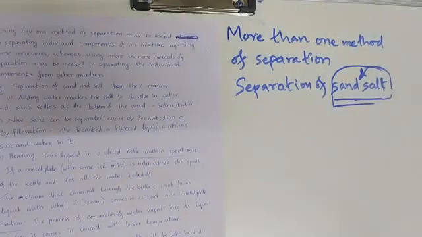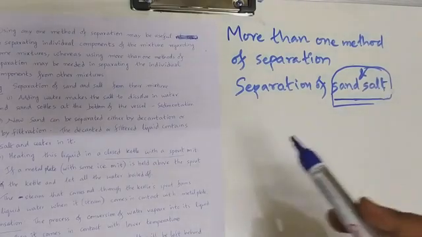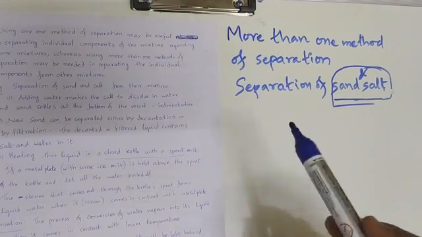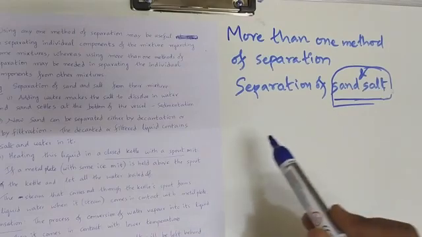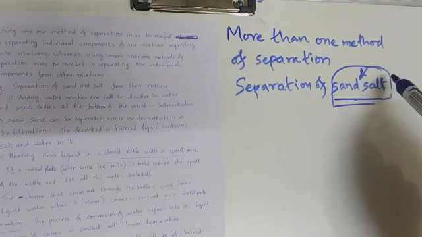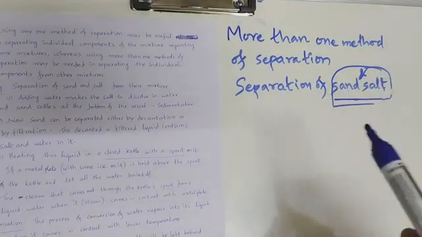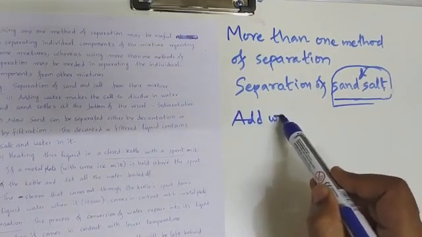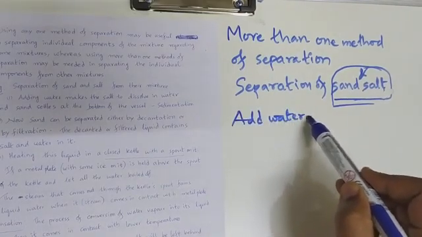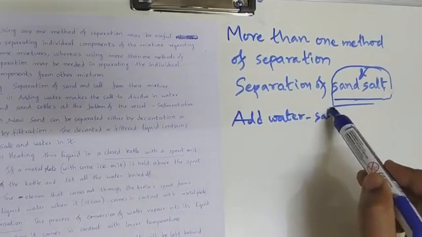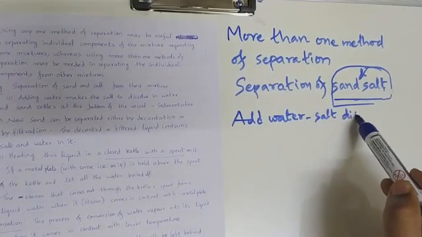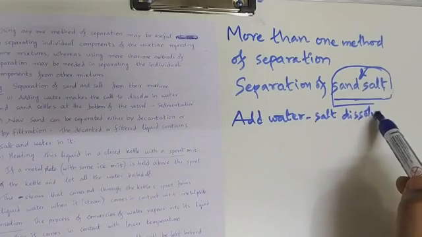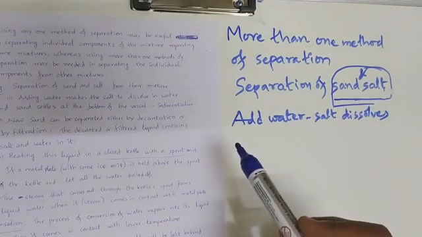How can we separate it? First, we have to add water to this mixture so that salt is soluble in water. So the salt will dissolve in water. Add water. Then salt dissolves, right?